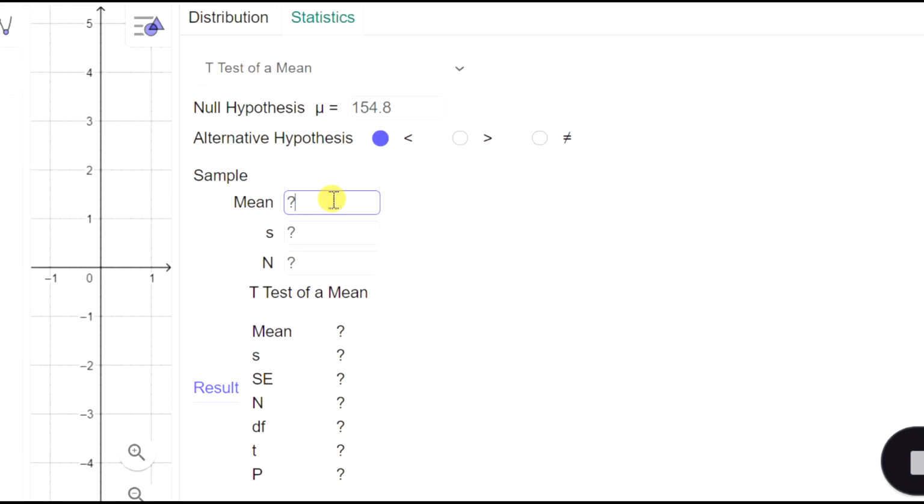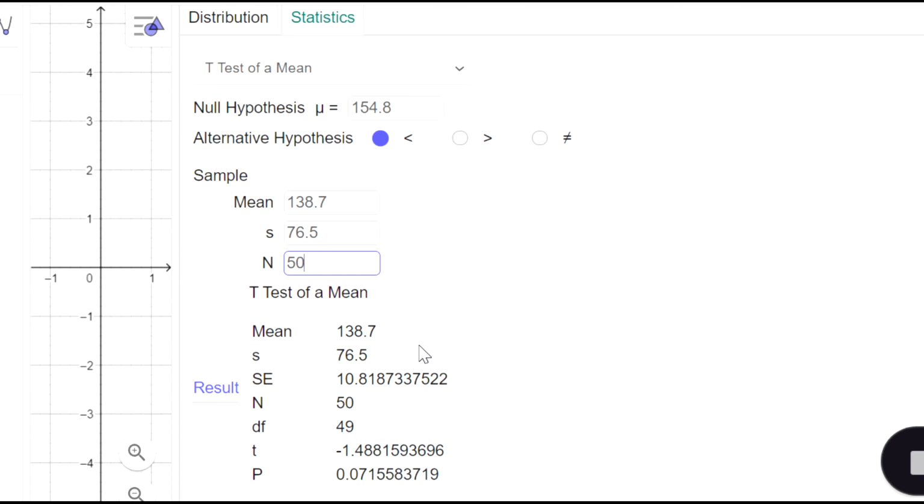The mean was 138.7, our sample standard deviation was 76.5, and our sample size was 50. Then we get our output right here. My test statistic is my t, a negative 1.49, and my p-value is 0.0716.